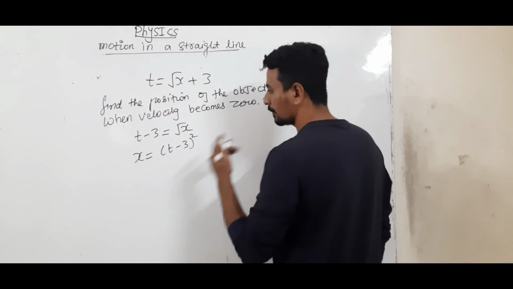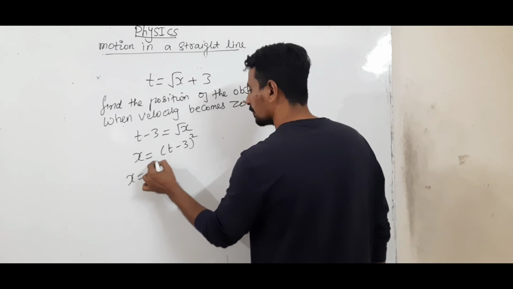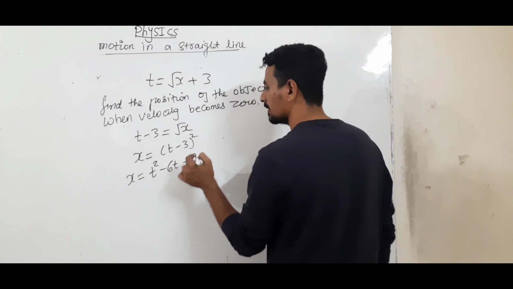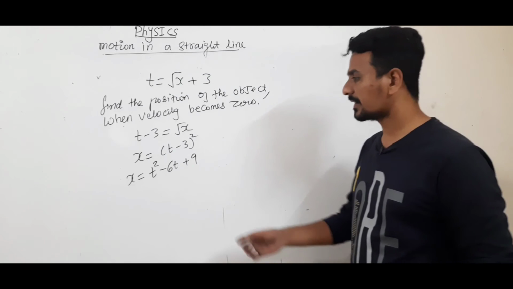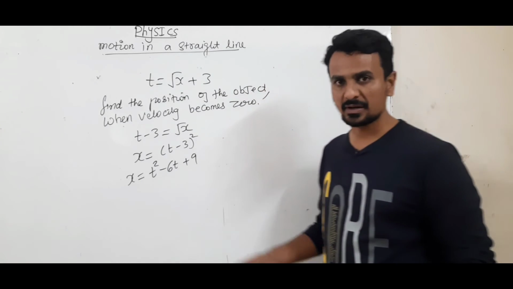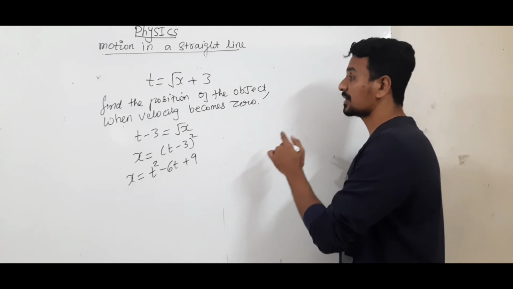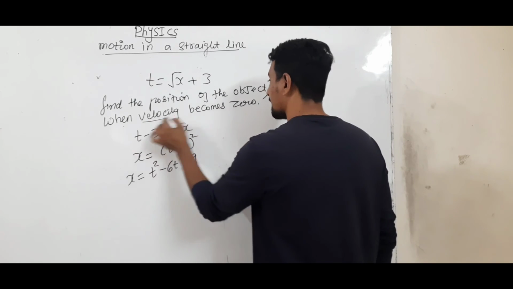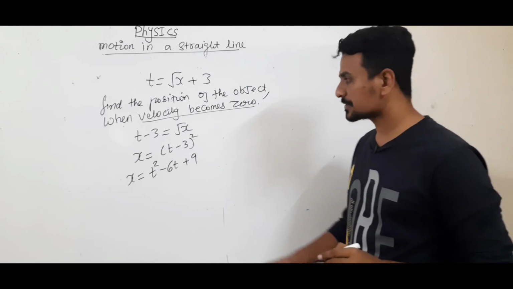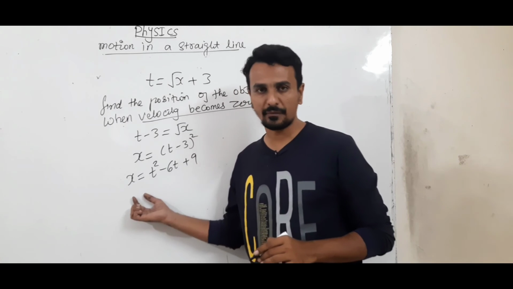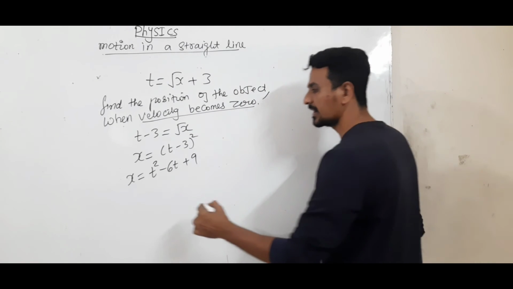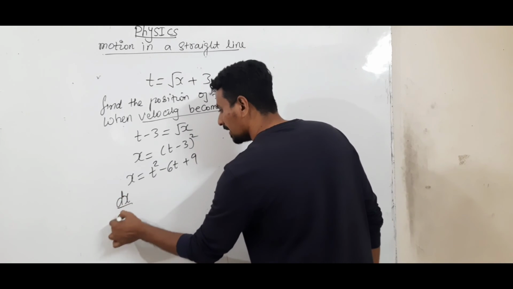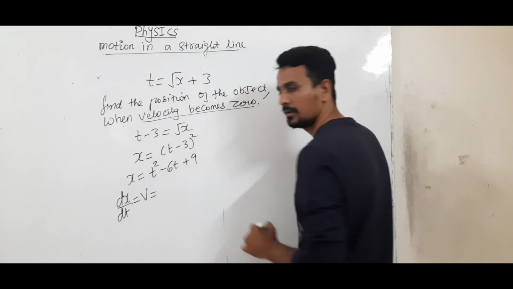So x equals to t square minus 6t plus 9, a minus b the whole square, that is a square minus 2ab plus b square. Now the question says you have to find the position when velocity becomes 0. So first you are having x and you want velocity. How to get velocity? Differentiate, dx by dt equals to v.